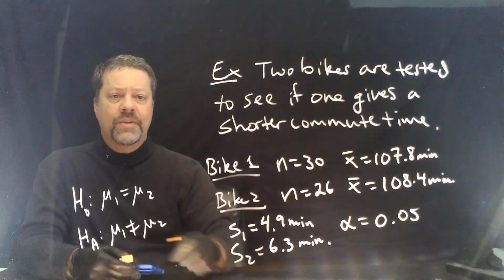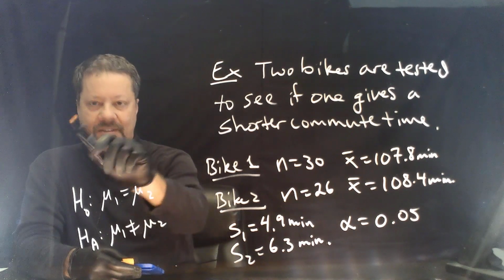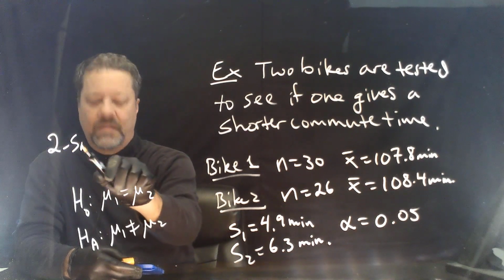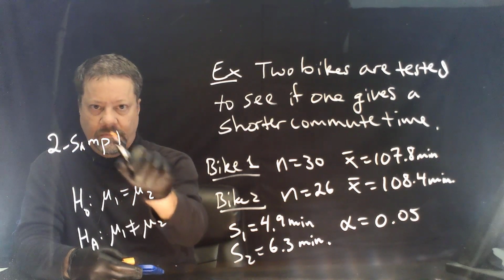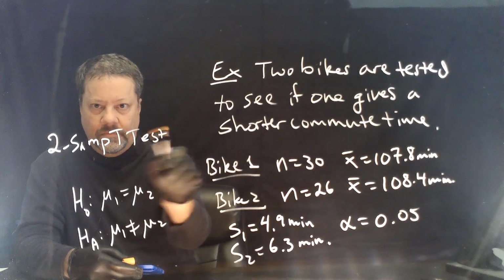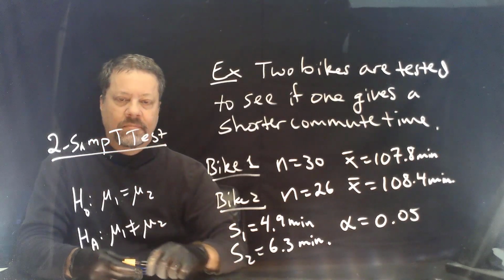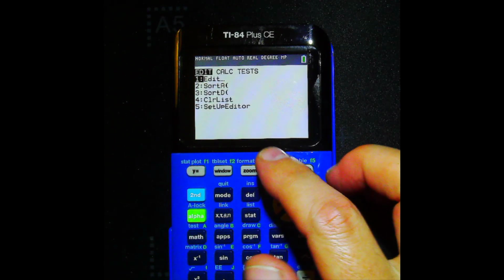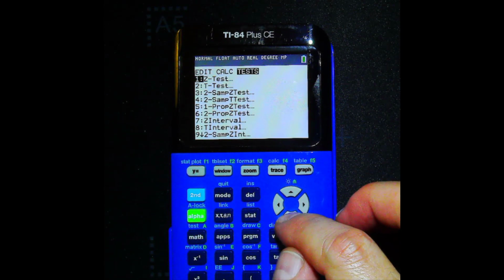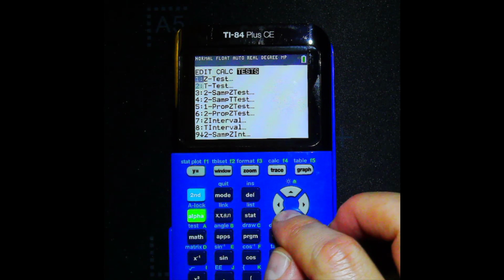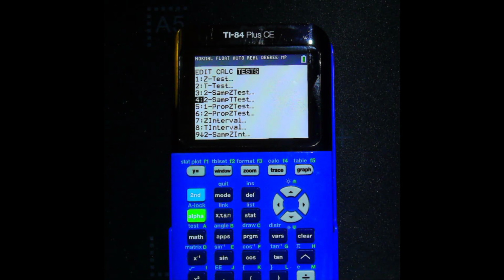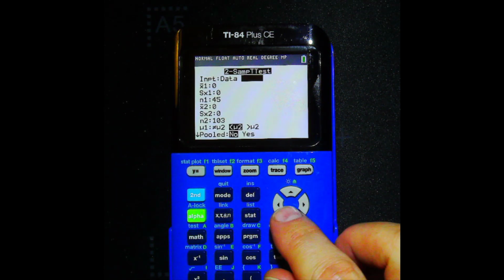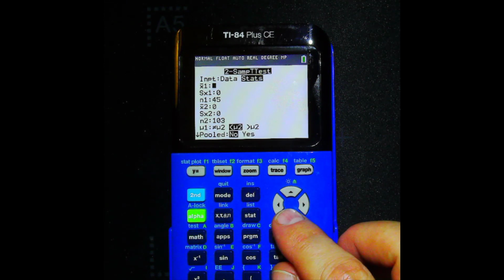In our calculators, we'll use a 2-sample t-test. We press Stat, Tests. This is a 2-sample t-test. We're entering statistics.